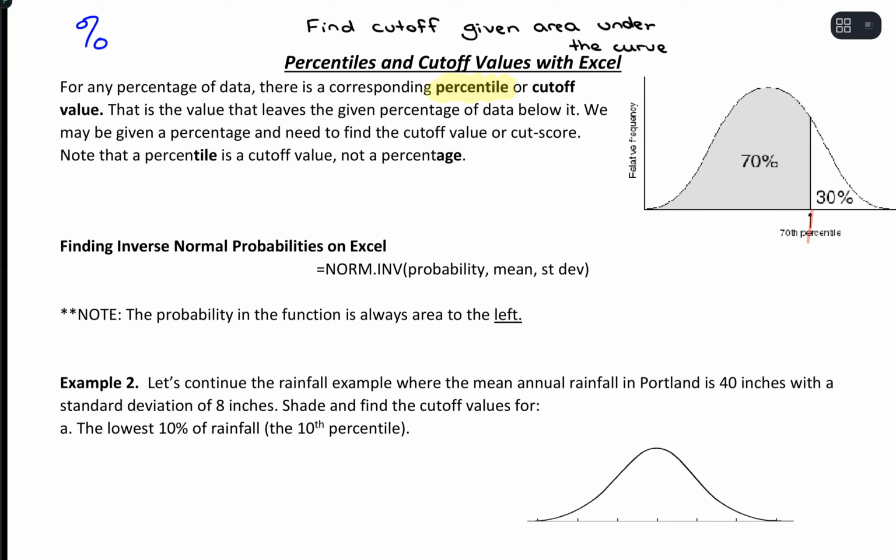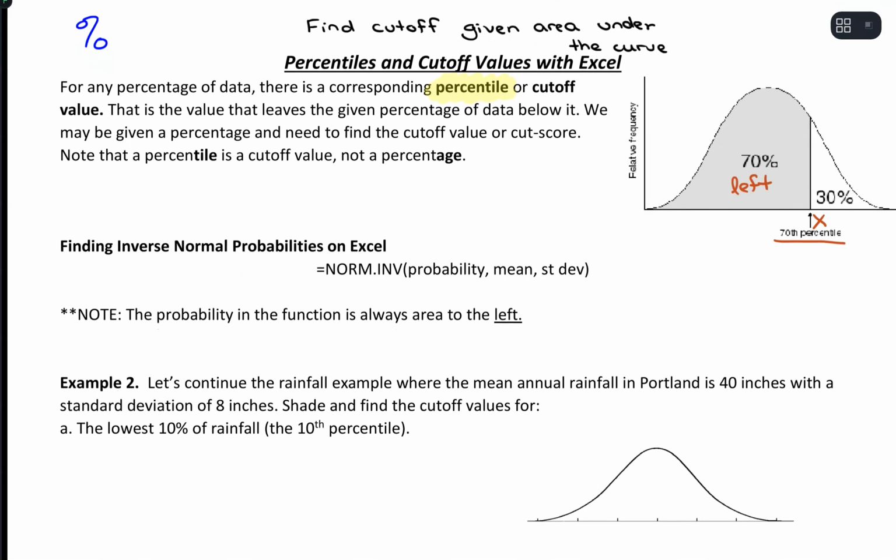This cutoff that's separating the lower 70% from the upper 30% is an X value, so that's a cutoff. And that's describing the 70th percentile. So when you see this word percentile, it's describing a cutoff point, creating that percentage to the left-hand side.